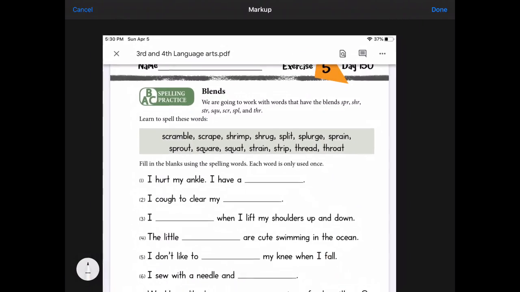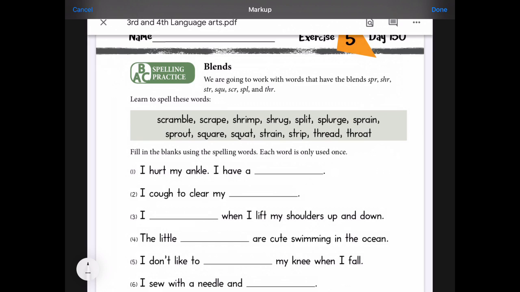Okay, so page 301, we are working on some words that have blends. So we have SPR, like in sprout. You have SHR, like in shrug. We have STR, like in strain. SQU, like in square. SCR, like in scramble or scrape.